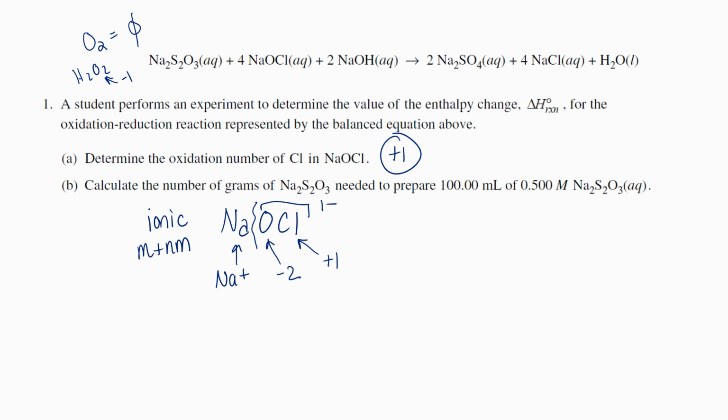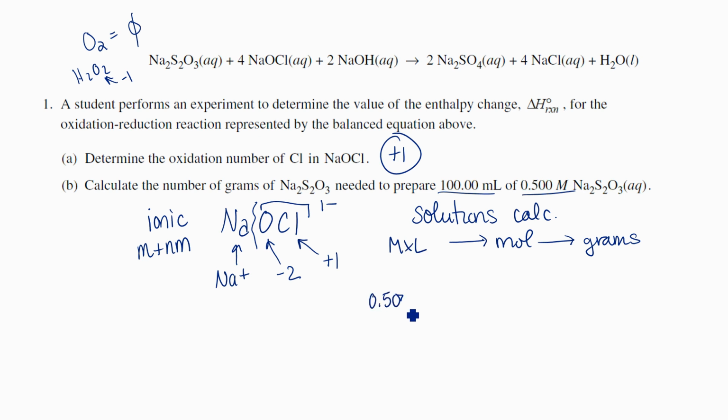And we calculate the number of grams of sodium thiosulfate needed to prepare 100 milliliters of 0.5 molar solution. So this is just a solutions calculation problem. In order to find grams, I'm first going to find moles, and then I'm going to convert moles to grams. I'll find moles by doing my molarity times my volume.